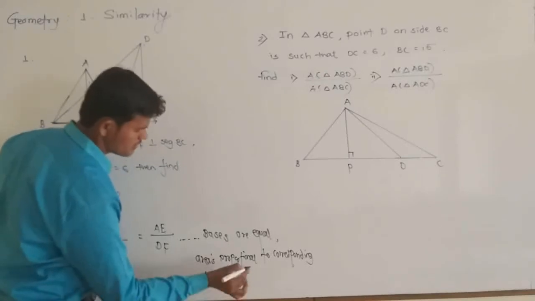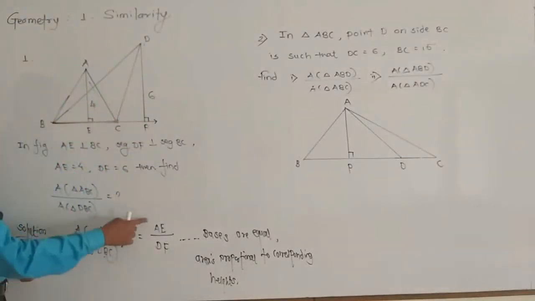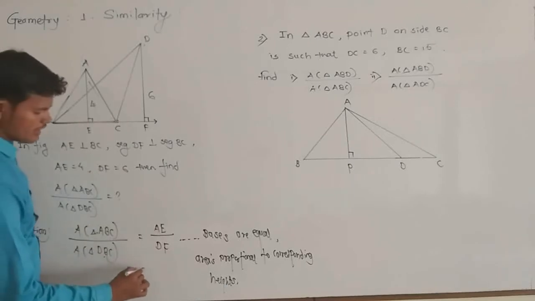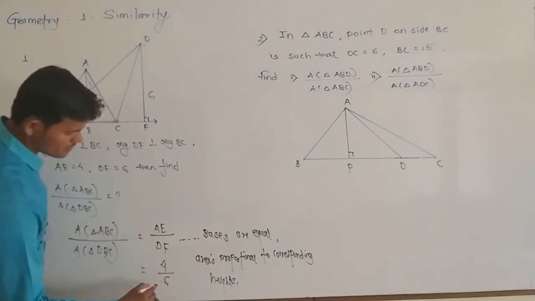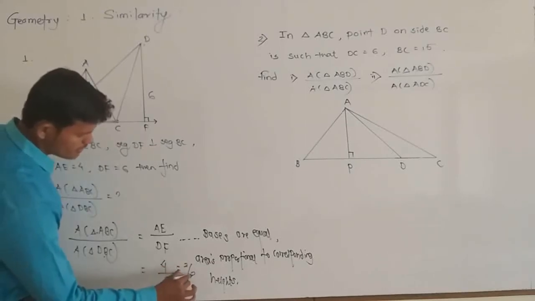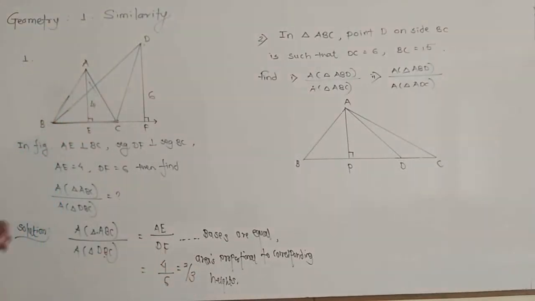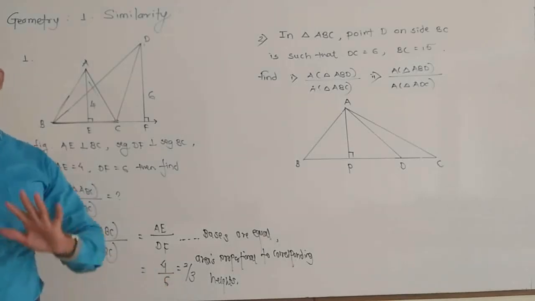So AE upon DF. The lengths of AE and DF are given. Length of AE is 4, length of DF is 6. So we get 2 upon 3. So the ratio of area of triangle ABC to area of triangle DBC is equal to 2 upon 3.